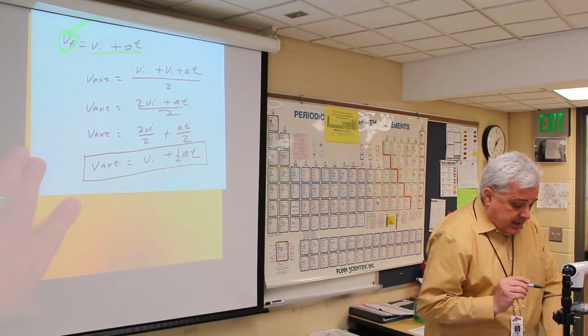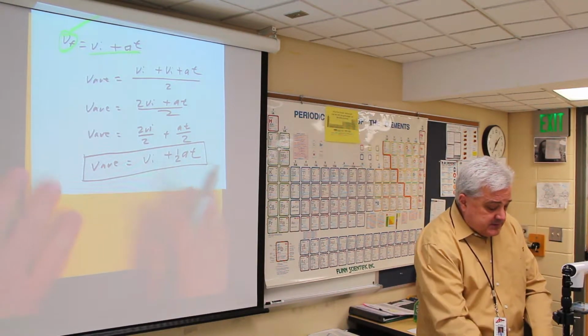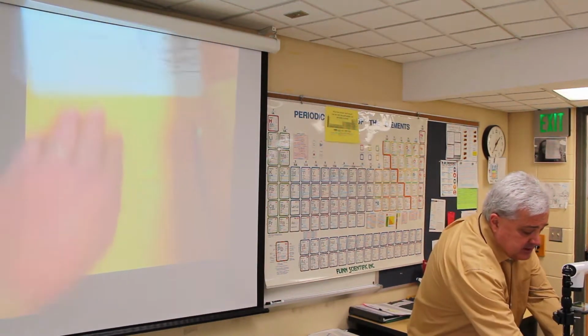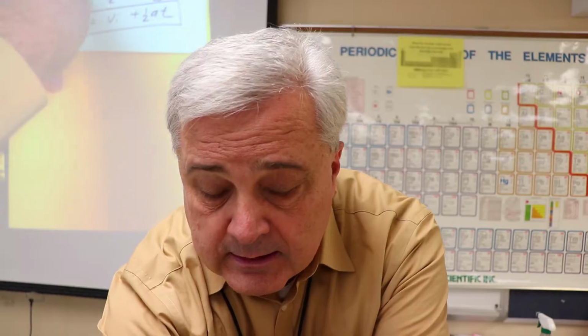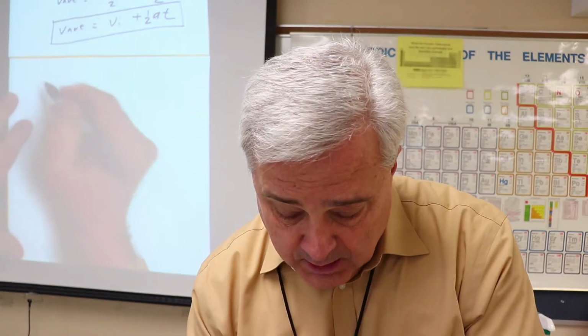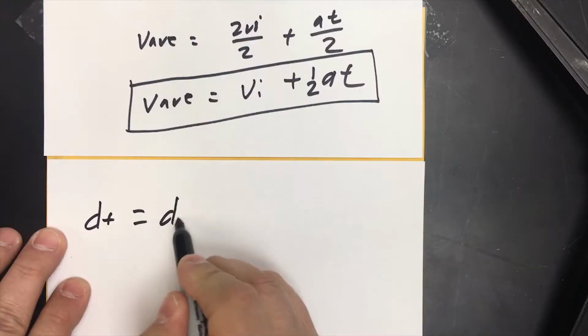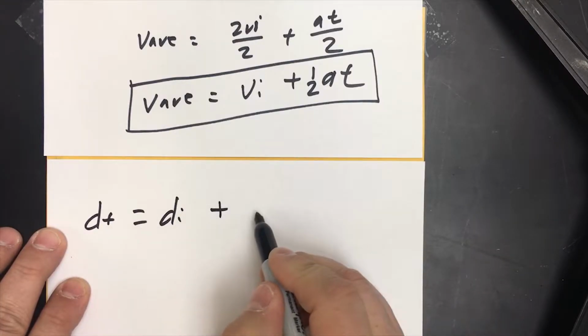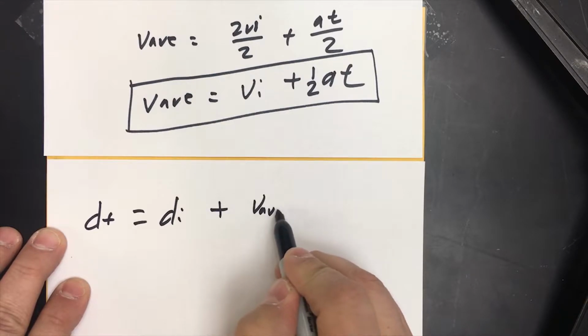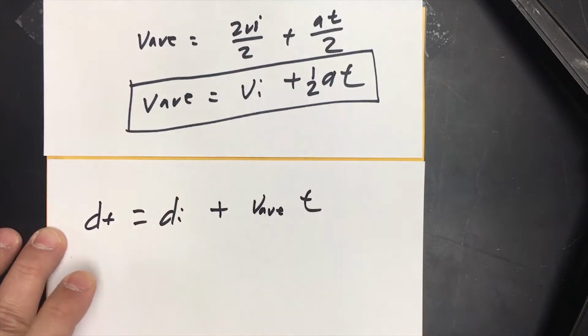All right, now what? Well, let's put this little piece up here at the top. And I'm going to go back to that final distance equation where we said d sub f equals the initial distance plus the average velocity times time.